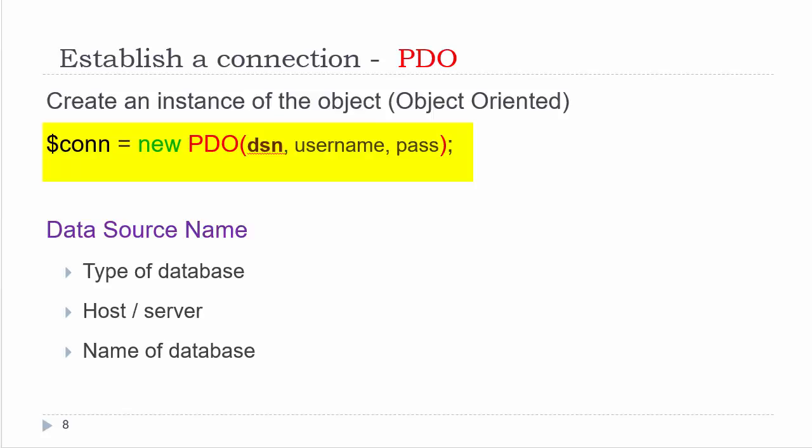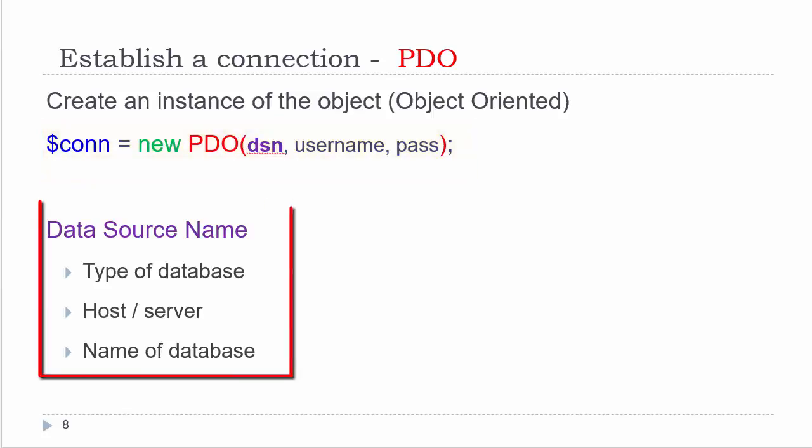You will always be sending a username and the password, and you probably want to set up a unique username and password and only have certain people have access to that for your database connection. One reason why you might decide to use PDO rather than MySQLi is that PDO can connect to any database.